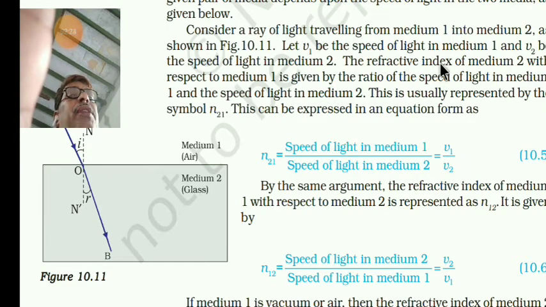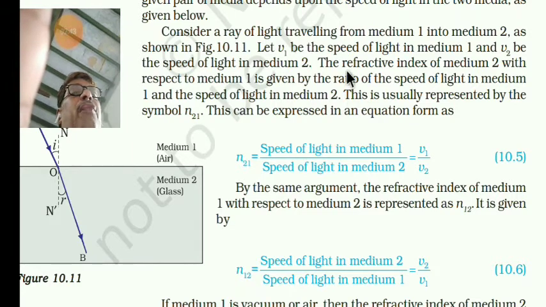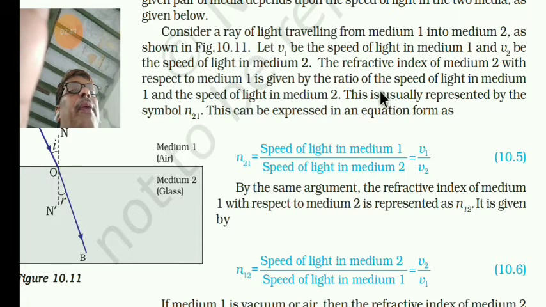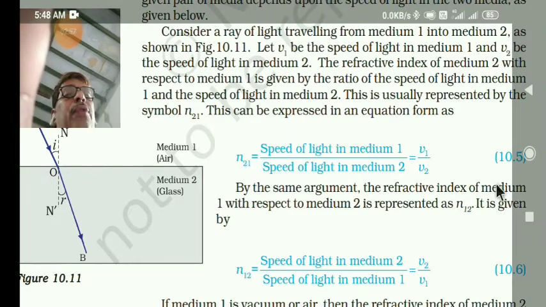As shown in the figure, let V1 be the speed of the light in medium 1, and V2 be the speed of the light in medium 2.